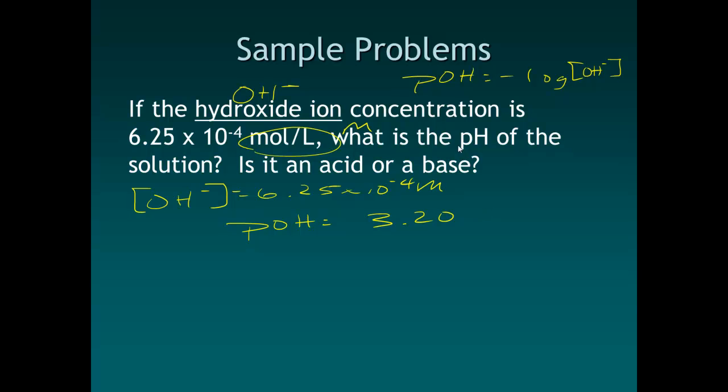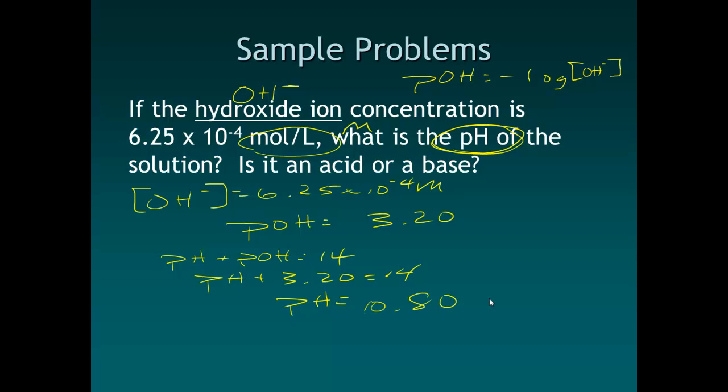Well, the question doesn't ask for pOH, it asks for pH. So I need to do the pH plus pOH is equal to 14. If I substitute in my pOH and I solve for my pH, I get my pH is equal to 10.8.